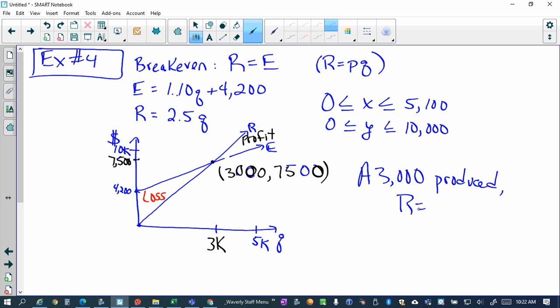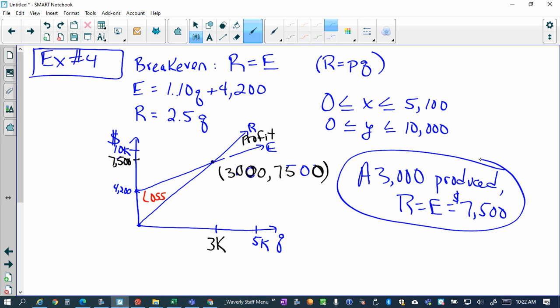Revenue equals expense, and they both equal $7,500. All right, that was example 4.